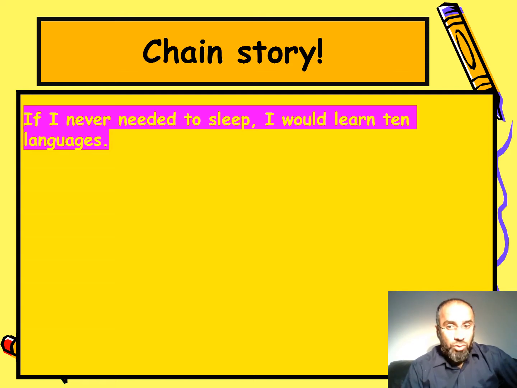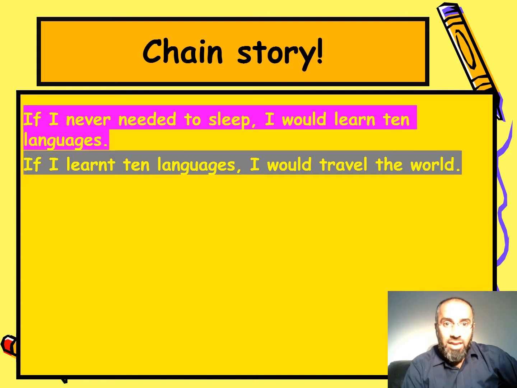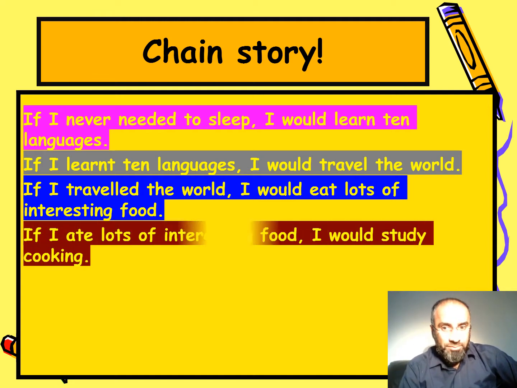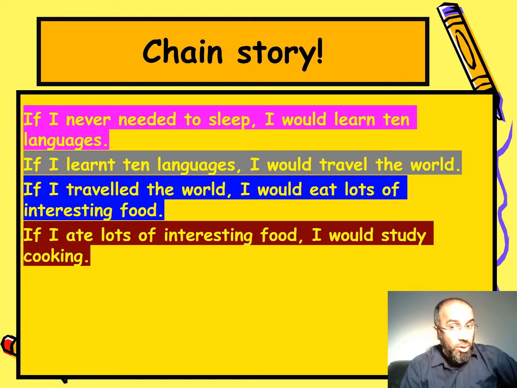Now, because it's a chain story, it moves on. So if I learned 10 languages, I would travel the world. What about the next one? If I traveled the world, I would eat lots of interesting food. What about the next one? If I ate lots of interesting food, I would study cooking.